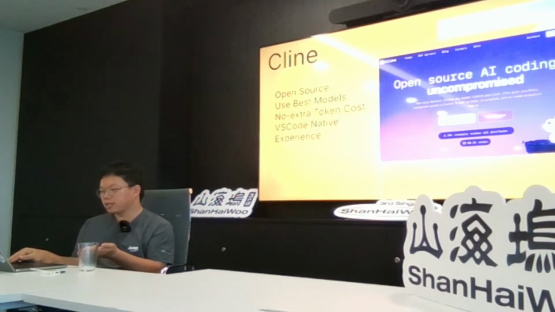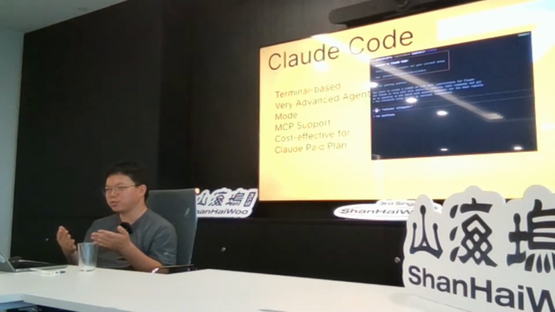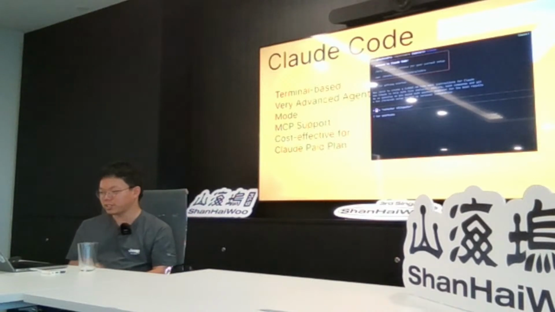These AI IDEs are highly integrated, but if you don't need to code all the way, and you are just the controller, then terminal-based AI agents and assistants are more productive.